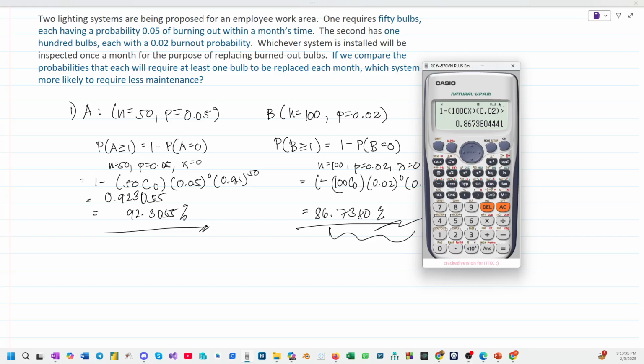At least once a month. May 86.738% siya na at least isa yung mapapalitan. So, mas mababa yung probability compared to sa number 1. So, kung ako sa inyo, kukunin natin yung pangalawa. Okay? Sa second, that is more viable.